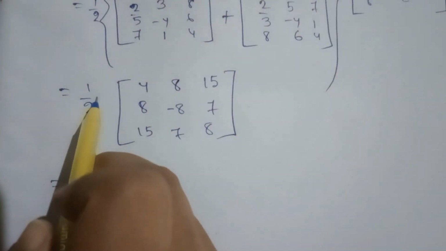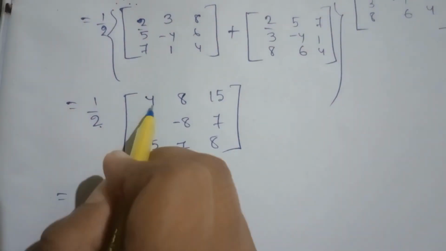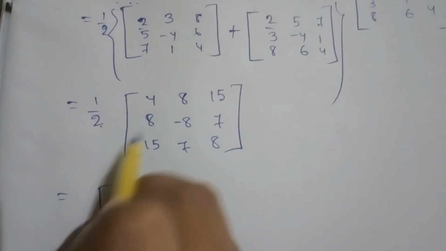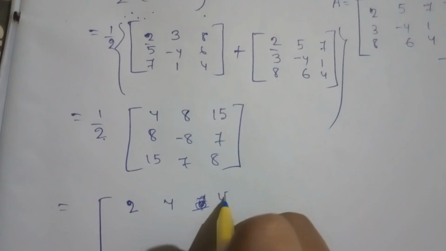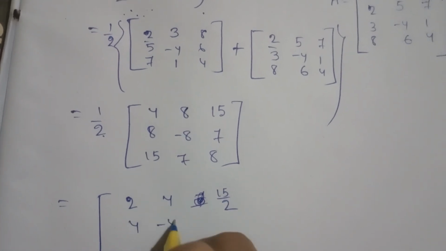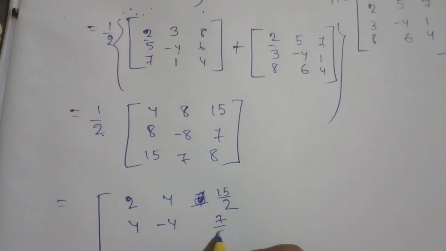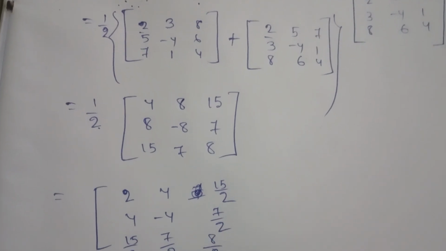Then we multiply by half: 2, 4, 15/2; 4, -4, 7/2; 15/2, 7/2, 4.